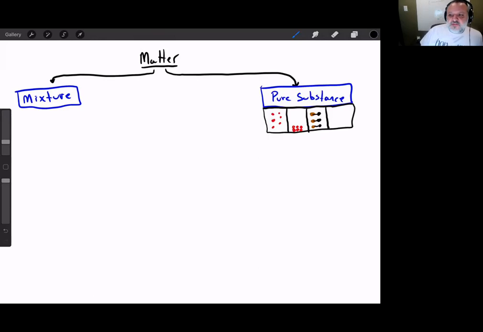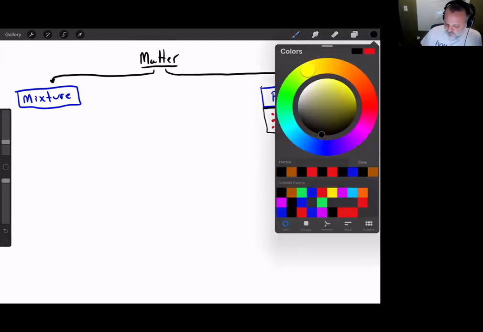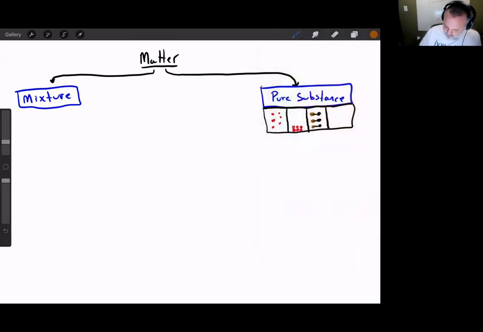This one is a pure substance because, first of all, is this an atom or a molecule? Yeah, this is a molecule. It's two types of elements. And not only is it a molecule, it's also a compound, right? The fact is it has two different types of atoms, but they're bound together.